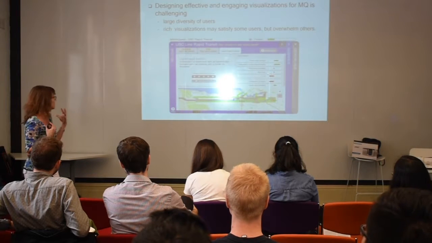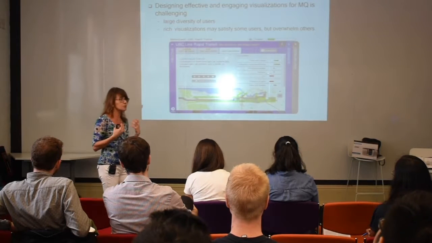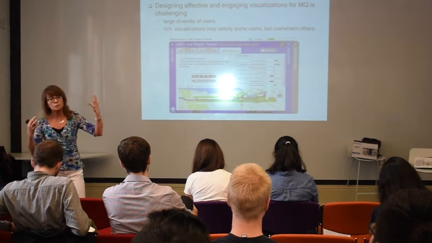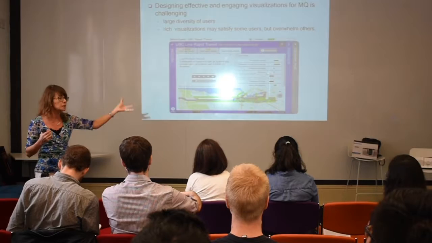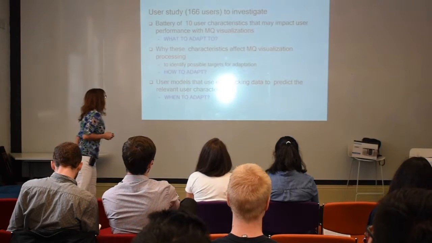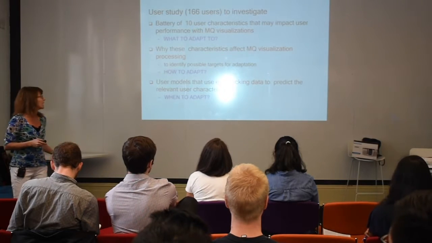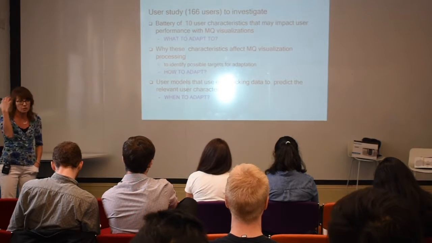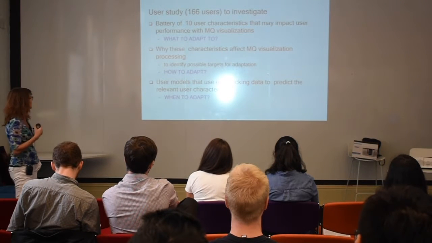So that's why they said maybe we can try to find ways to personalize so that we don't have to dumb it down for everybody, but we can try to make it simpler for those who need it to be simpler, okay? So in order to understand how to personalize, we ran a study with 166 users to investigate those 3 questions that I presented already a few times.